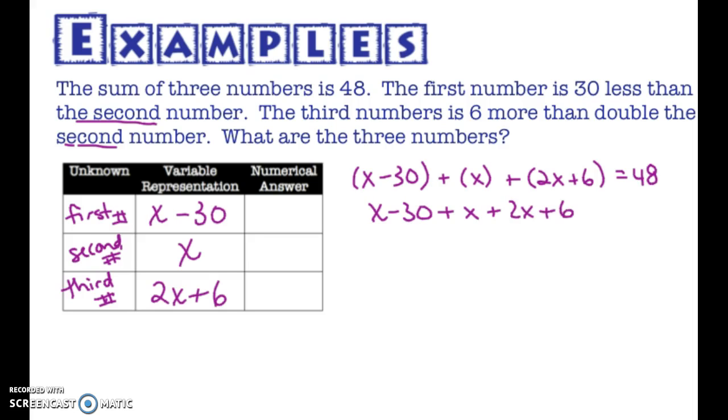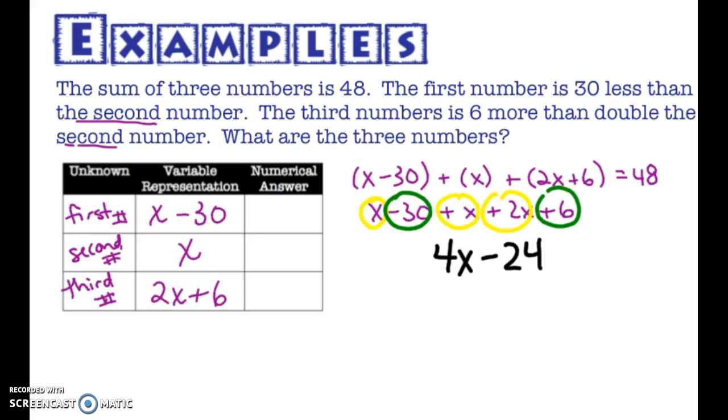So it looks like I have x, another positive x, and a positive 2x, and then a negative 30 and a positive 6. If I combine these, x and 2x is 4x, and then a negative 30 and a positive 6, that's minus 24. So I have 4x minus 24 equals 48.